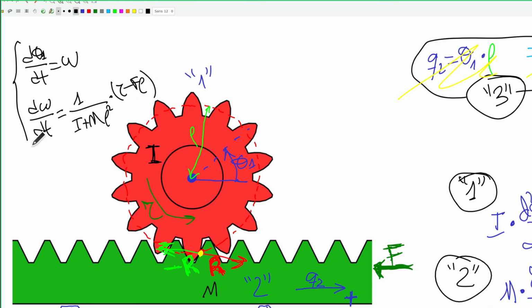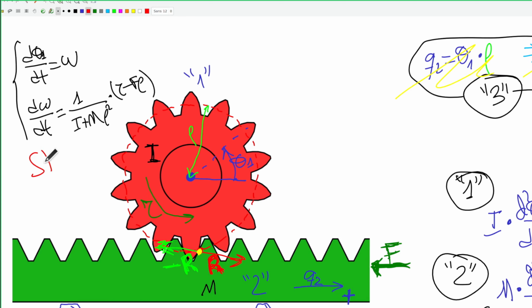And this is a perfectly solvable system of ordinary differential equations with two inputs, tau and f, and two states, angular position and angular speed. So this will be the state equations and output equations.